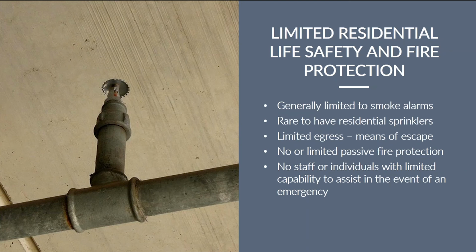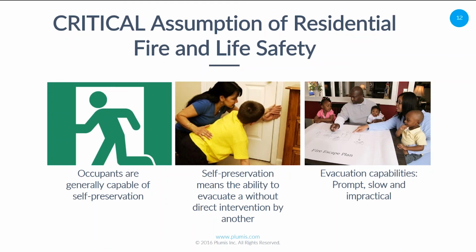One of those critical assumptions in this residential population is that the occupants are generally capable of self-preservation. This is how residential properties and the code requirements have been generated.